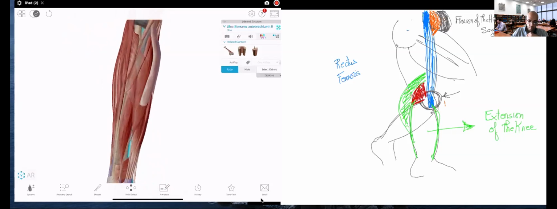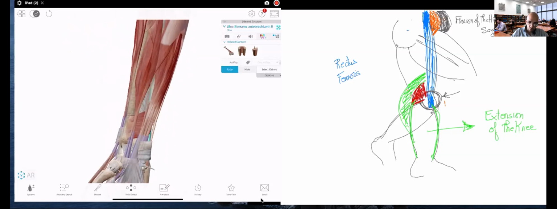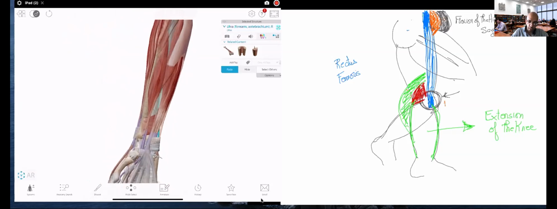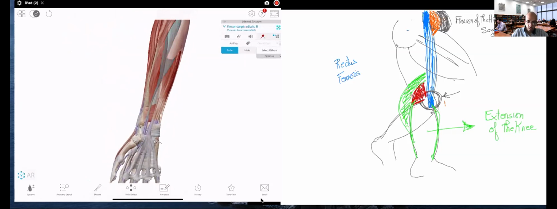We've seen 4 muscles, if you remember, located in the forearms that will be applying their action on the wrist joint and the fingers. We've seen a muscle located in the anterior aspect of the forearm, so this is going to be a flexor muscle, so we're going to be calling it flexor.